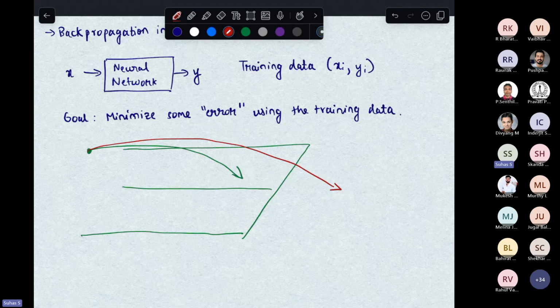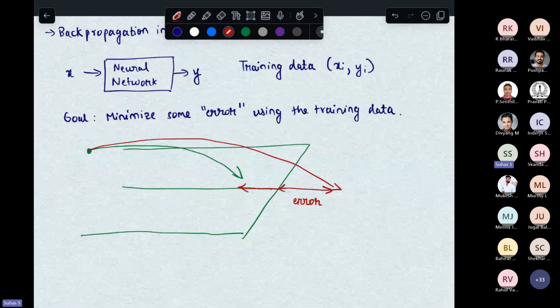And how do we learn this? By minimizing this distance, or the so-called error. Okay. So this error is what we want to minimize, or maybe the error is from somewhere inside the court.